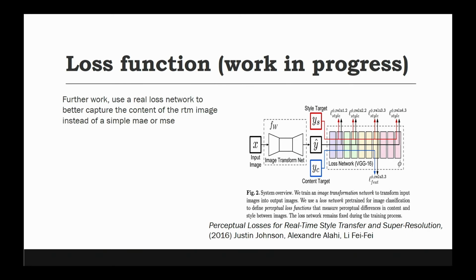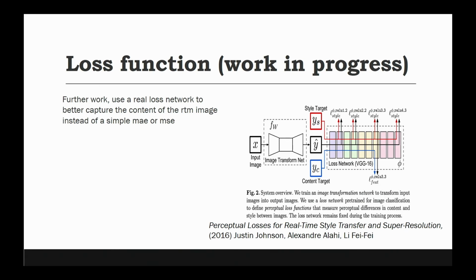So inspired by Fei-Fei Li and her team about this paper, we not only take the pixel-to-pixel as the loss function, we also use some kind of a convolutional network to extract certain features from the image, which means that you get some low-level structure about the shape of different segments or different sorts. So this way, it can help you to get a better loss function that can help you to recover a better image. So this is still work in progress, but we feel like this is actually another dimension to help us improve the result.